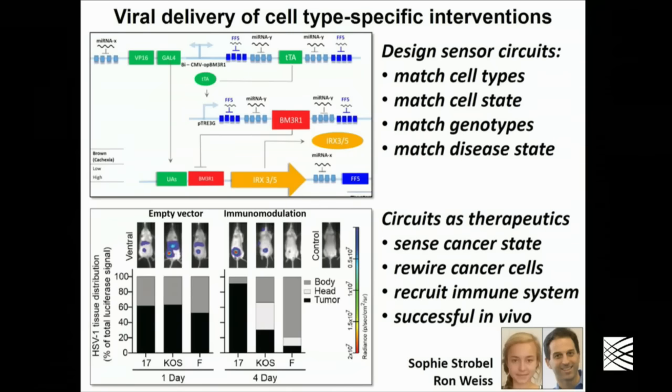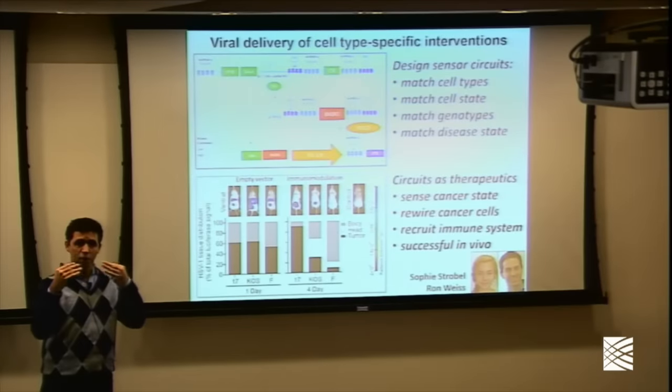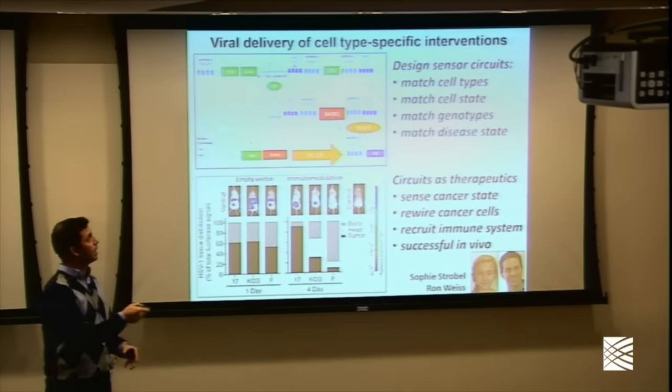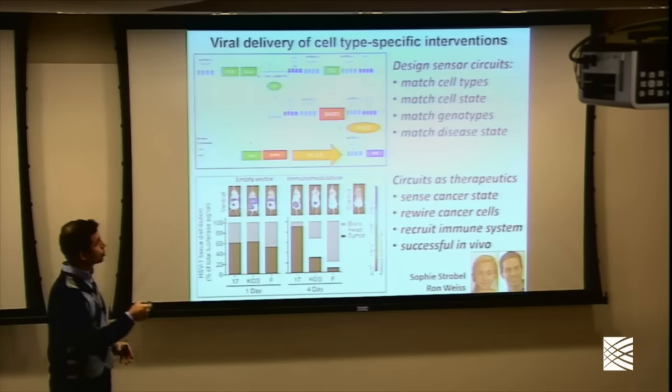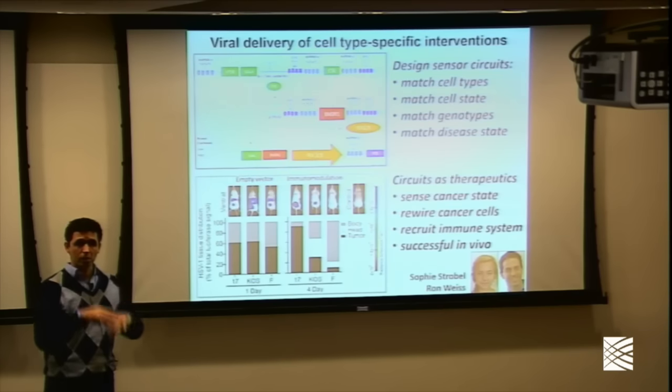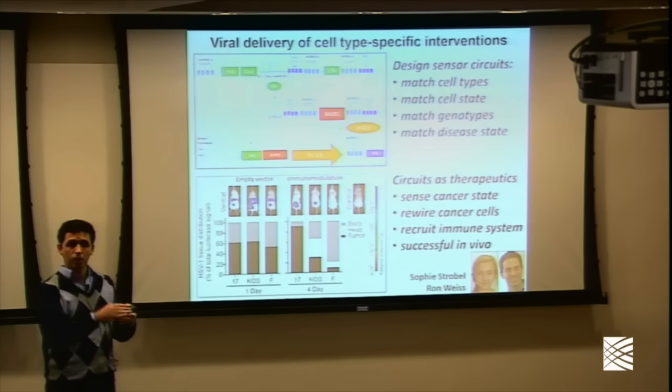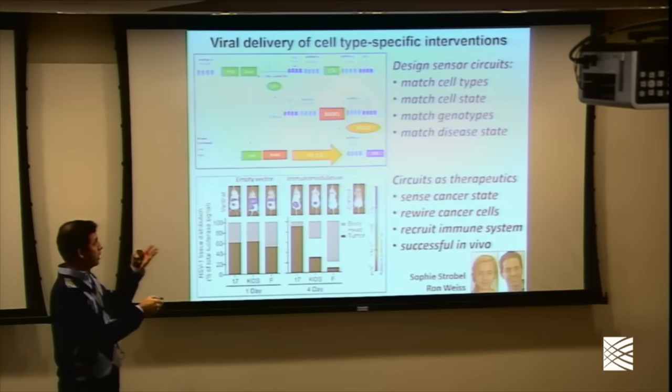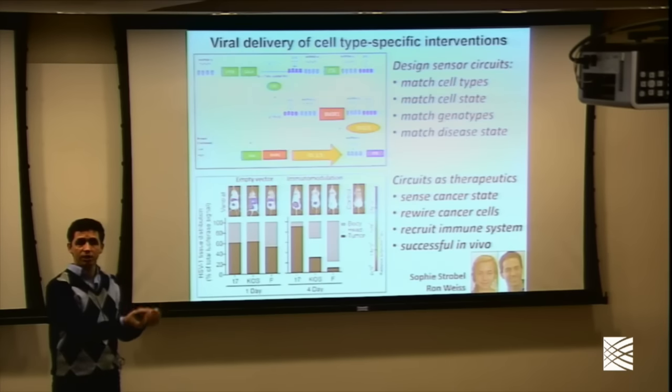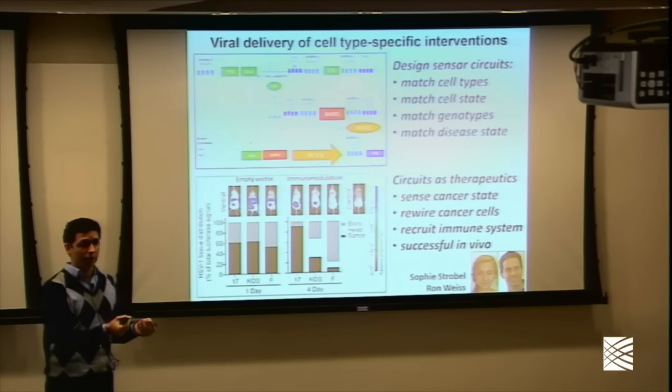So for IRX3 and IRX5, we predict that we need to act in pre-adipocytes, then we can build a signature for the specific set of microRNAs that are on or off in these pre-adipocytes, and then use them to make sure that our construct only turns on in those cells. So we package that construct in a virus, we infect the mouse, and then we look at which of those signatures allow it to turn on in the right cell type, and that's where we can do a very specific perturbation to either overexpress or knock down that gene.